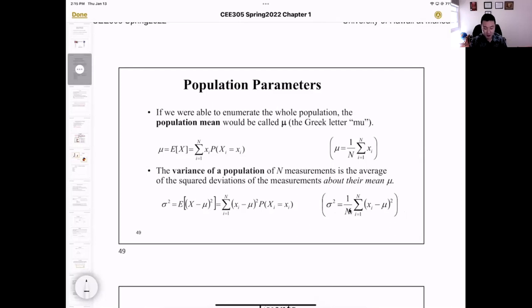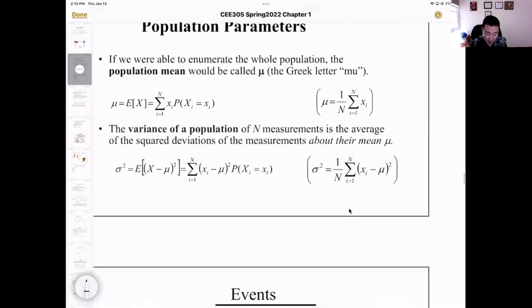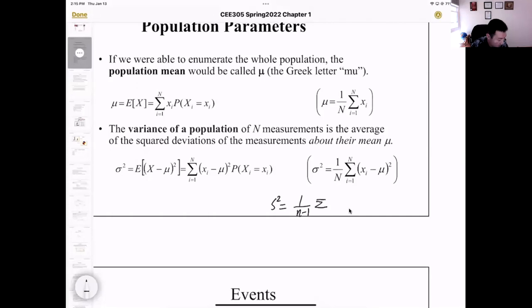If you remember, last time we discussed S squared, which is the sample variance, and the equation for sample variance is this. Very similar. As you can see, for sample variance S squared, it's divided by n minus 1.